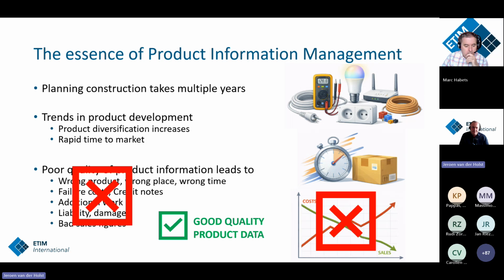This abundance of choice needs to be managed. That is why the demand for high-quality product data is booming. We have come to realize that poor quality product data results in failure cost: credit notes, liability claims, project stalling, additional work, and above all, bad sales and profit figures. And good quality product data can boost your sales and profitability.